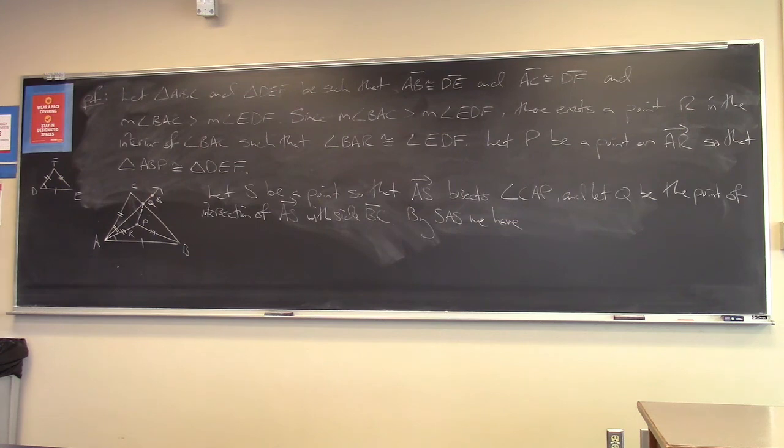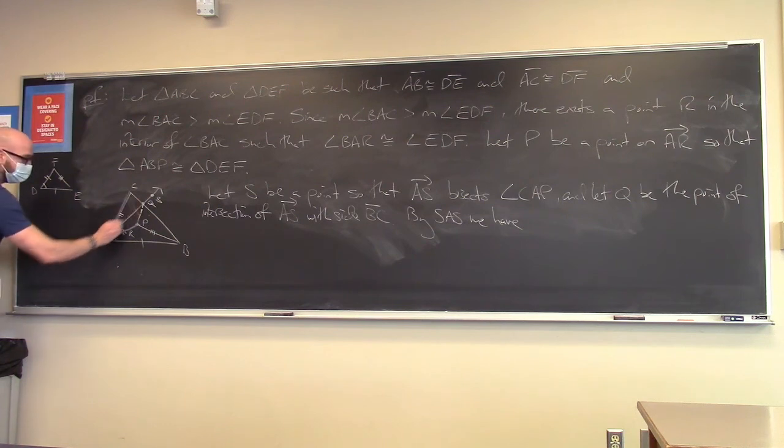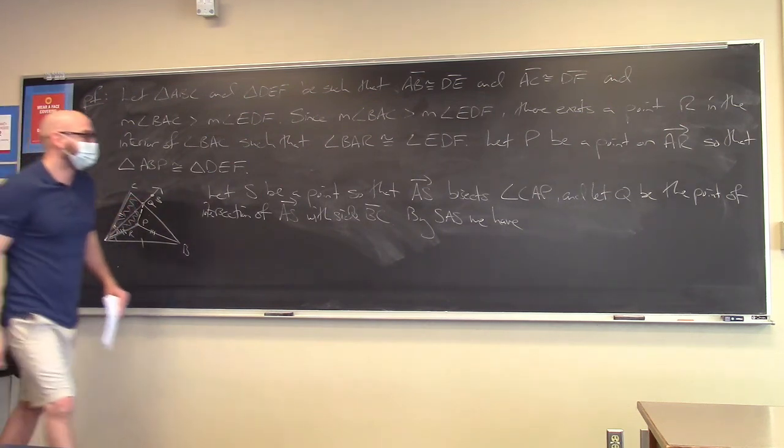They don't look like it at all because my picture's horrible, but there are two congruent triangles in this picture. This side is the same length as this side. Obviously this side is the same length as that side because it's the same side, and these two angles are equal. So this triangle here and this triangle here, those are congruent by SAS.